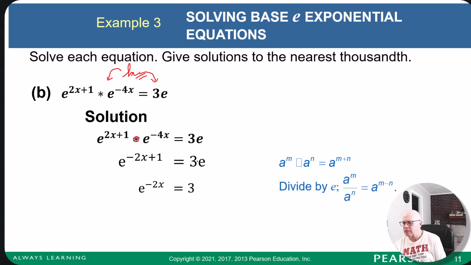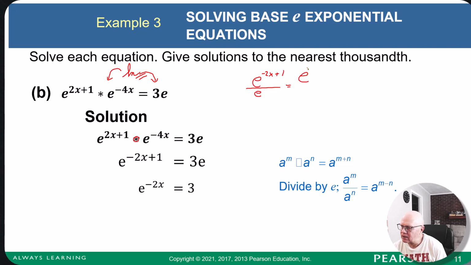Now what? Okay. What we can do is we're dividing e into both sides. Okay, how do you get that? Well, let's take a look at this real quickly. We have e to the minus 2x plus 1 on the left-hand side. We're going to divide that by e. Now, what does that mean?